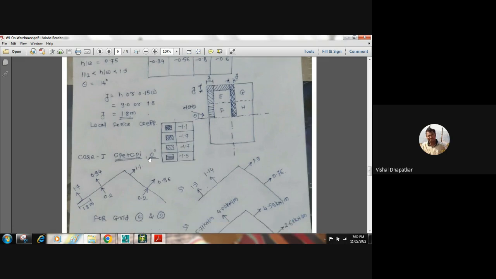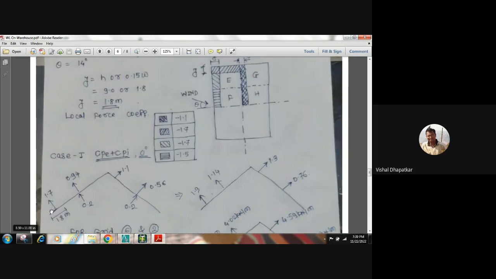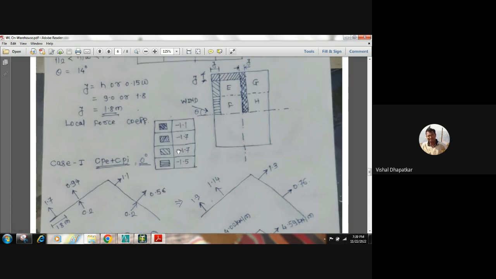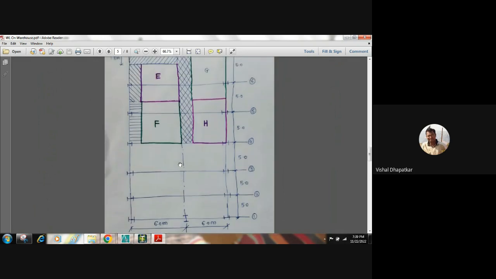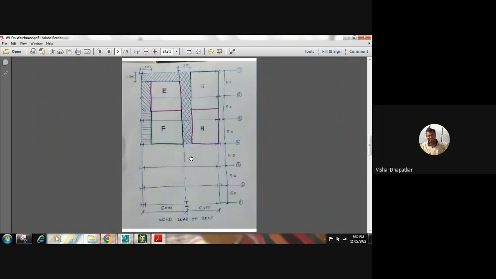So for first 0 degree, we have local force coefficient of 1.7. We have grid 2 and 6. So just show you the grids. So this is a detailed sketch. We have grid 1, 2, 3, 4, 5, 6. So if we consider grid 6 and grid 2, it will be similar.